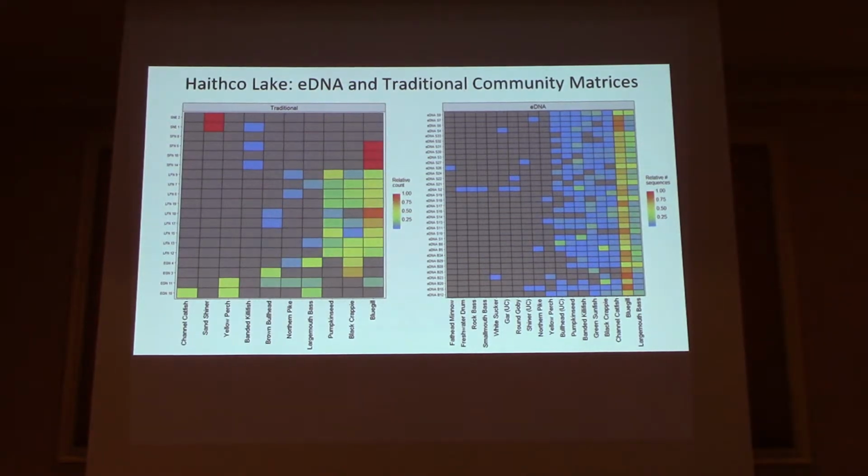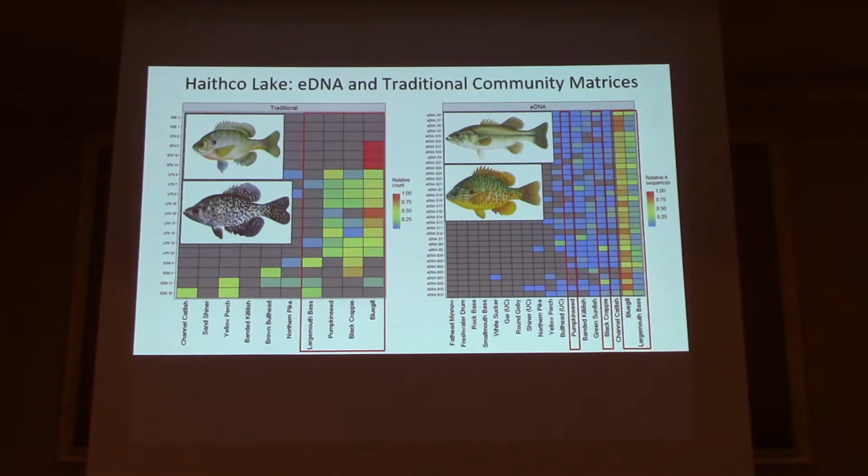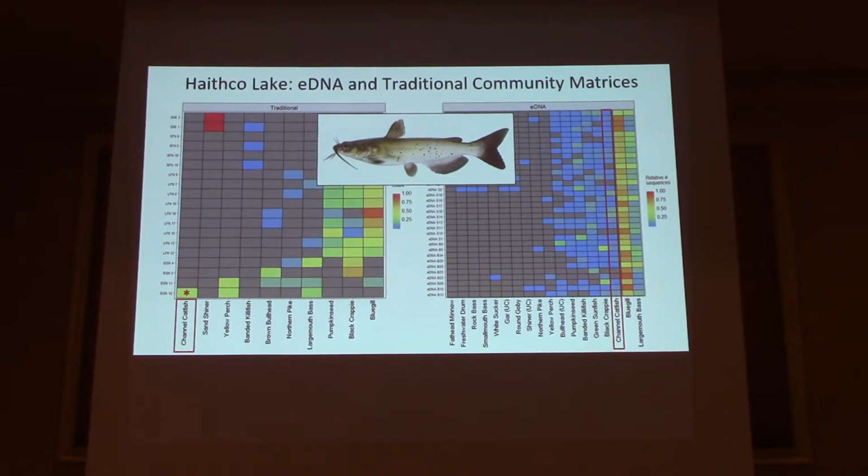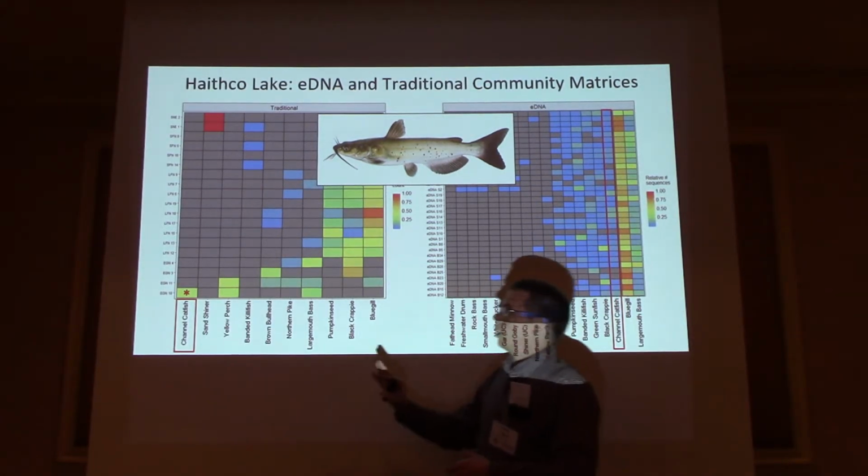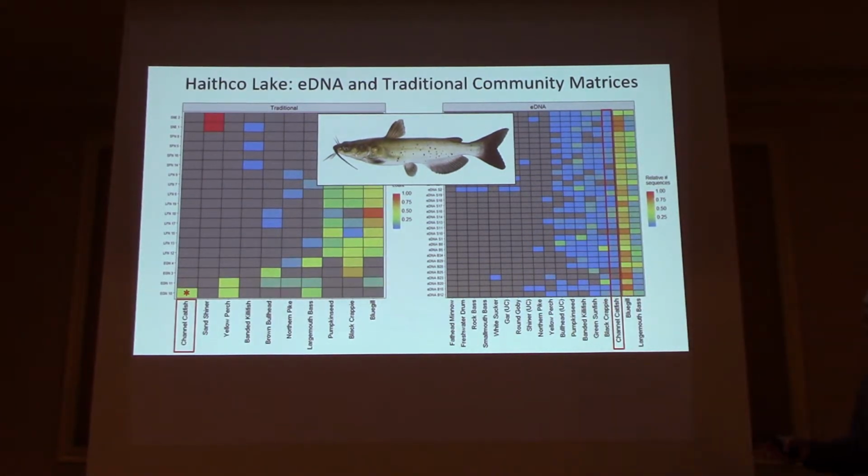And just a couple things to point out. One, common species are seen across both approaches. But there are several cases where a species was only observed in one or two samples for traditional gears, but eDNA approaches sample that species in the vast majority of cases.